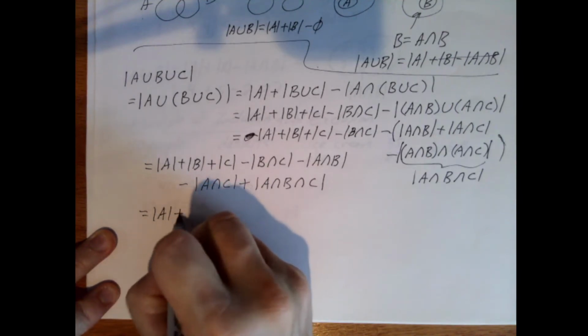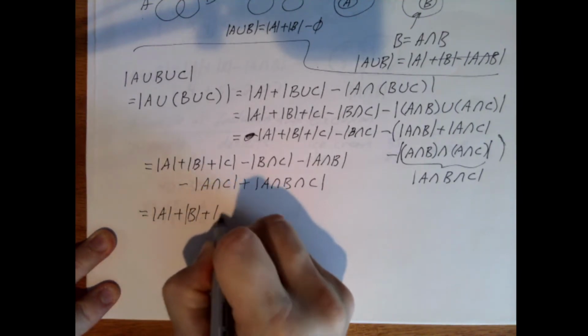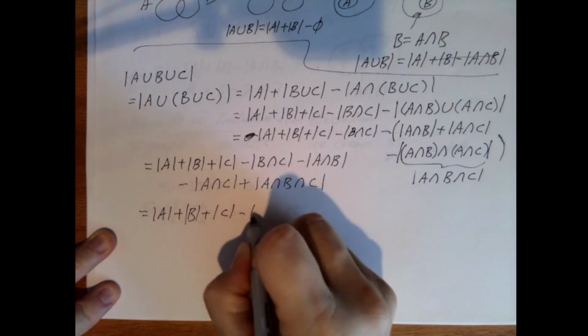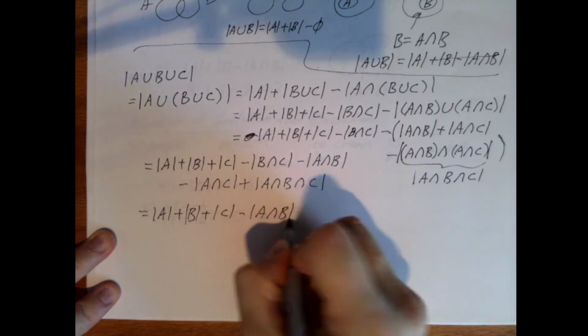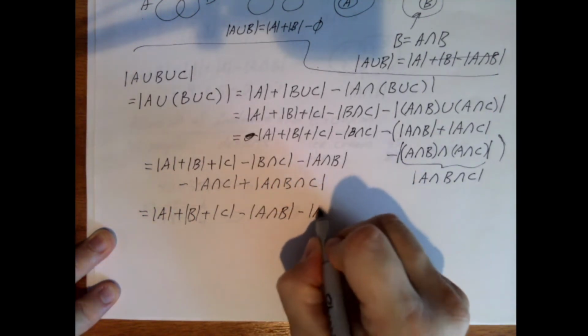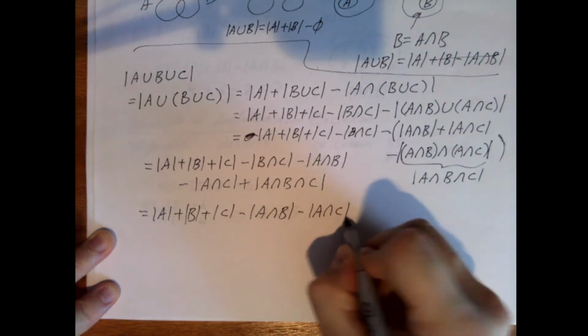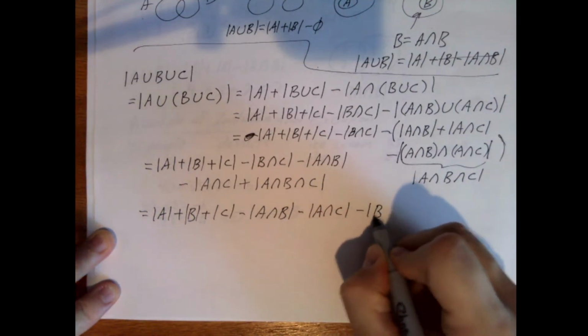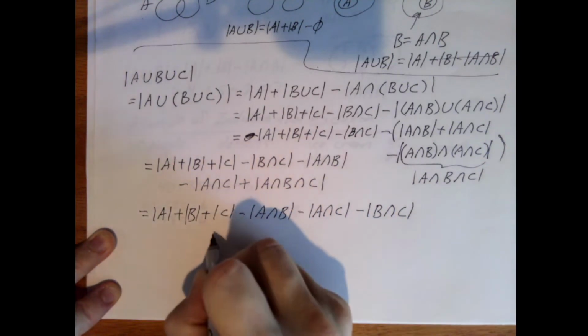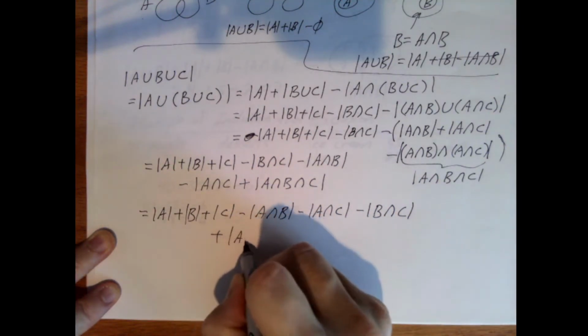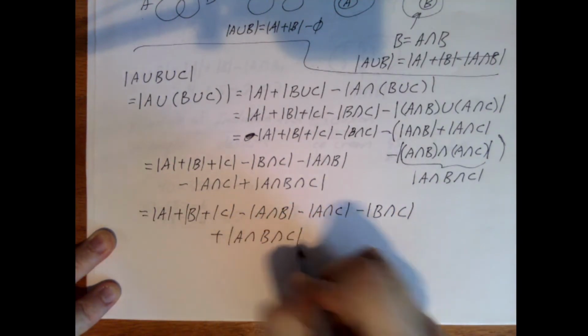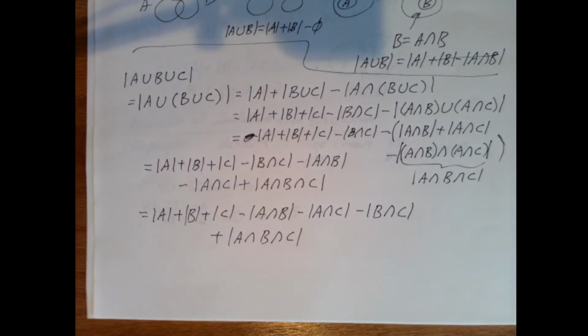A plus B plus C minus A intersected with B minus A intersected with C minus B intersected with C plus A intersected with B intersected with C. Okay? So let's use that for solving a problem.